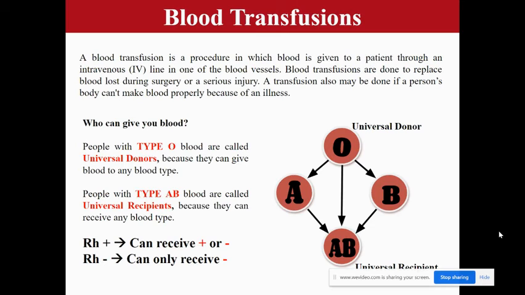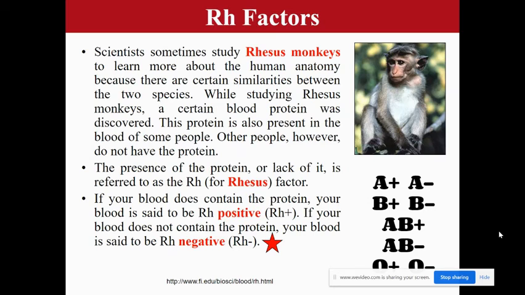Getting into the Rh factor, it was studied from rhesus monkeys. Because there were certain similarities between rhesus monkeys and humans, they noticed that there was a certain blood protein on these monkeys, and humans had it as well, but they also noticed that some humans didn't have this protein.